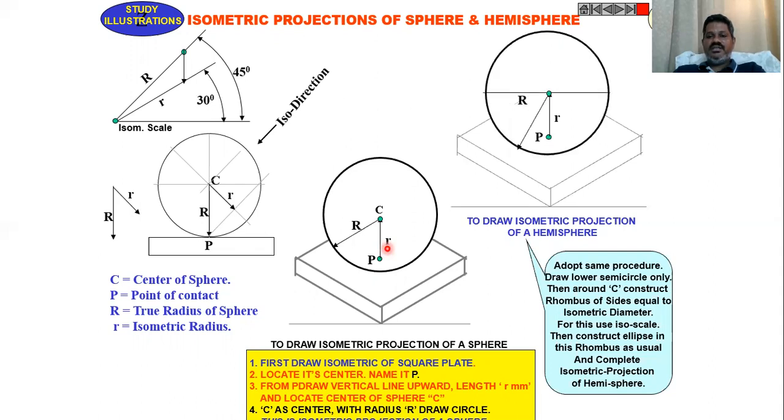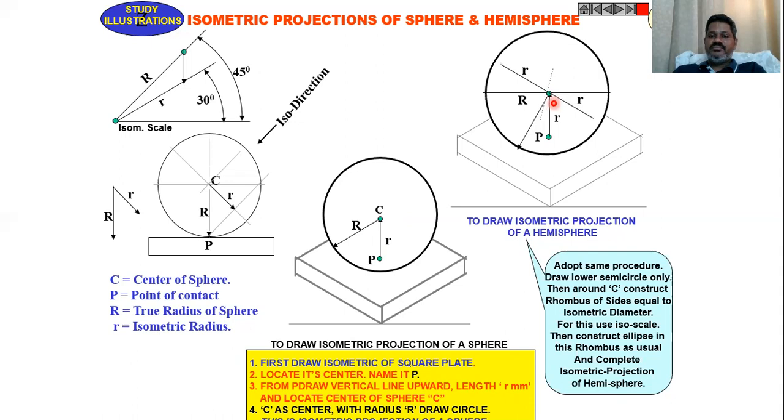Then construct the same. Now we are going to draw the hemisphere. This is exactly the sphere. Now this will be the hemisphere. As you can see here, up to here the procedure is same. Draw the isometric view of the plate of so and so height, on which locate the point C, center point of the sphere.